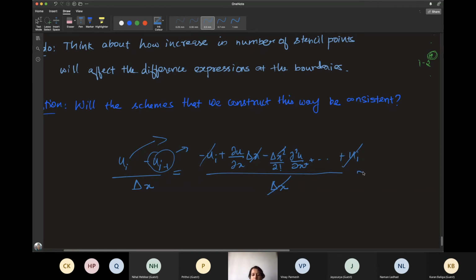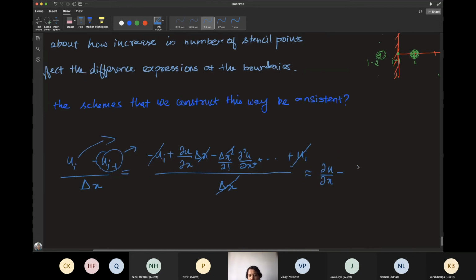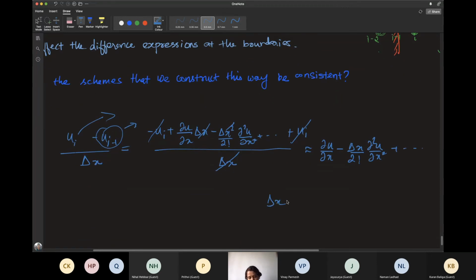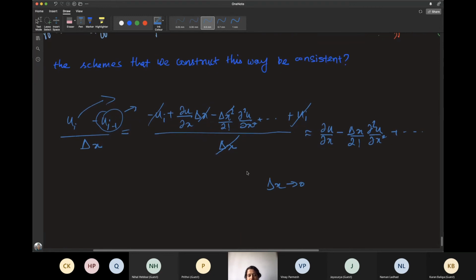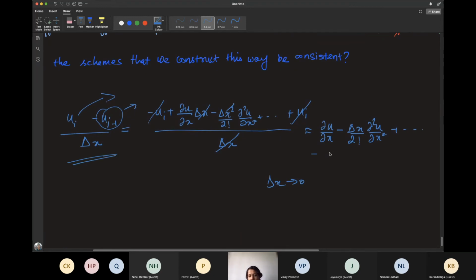Now we are getting something like this: dou u by dou x minus delta x by 2 factorial dou squared u by dou x squared, and so on. So when delta x goes to 0, this difference operator is equal to the differential operator. That is what consistency means. So this is the consistency of this operator.